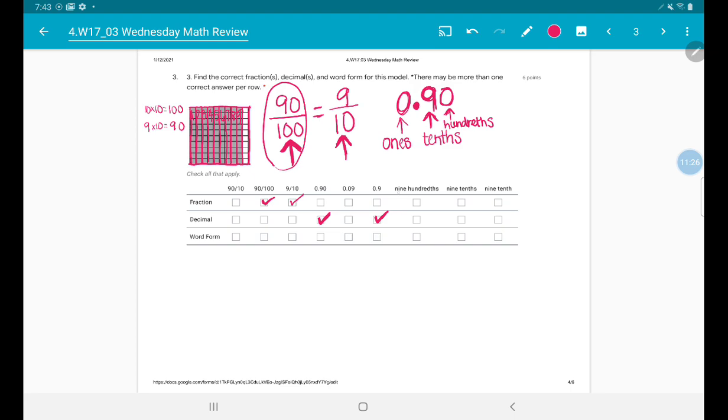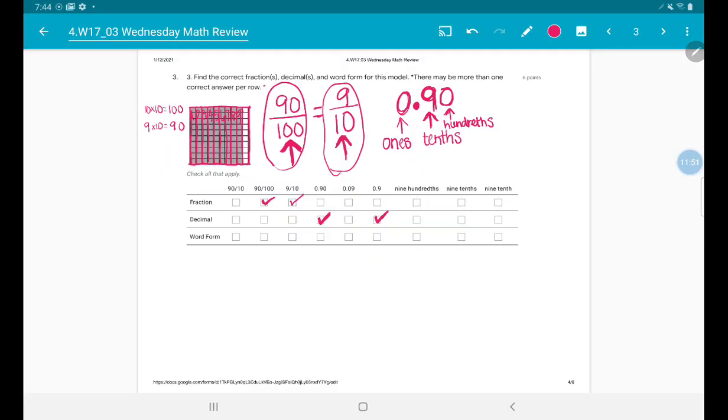If I look at my options, I have 9 hundredths. That's not the same. I have 9/10. That's not the same as 90 hundredths. So I don't have a word form that matches that.